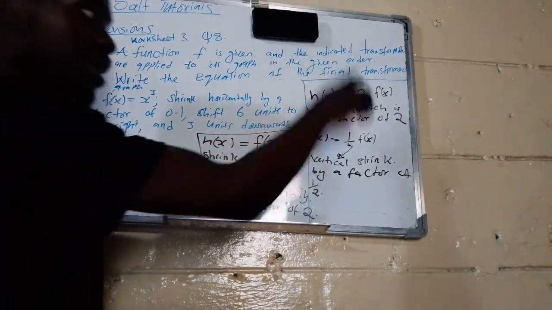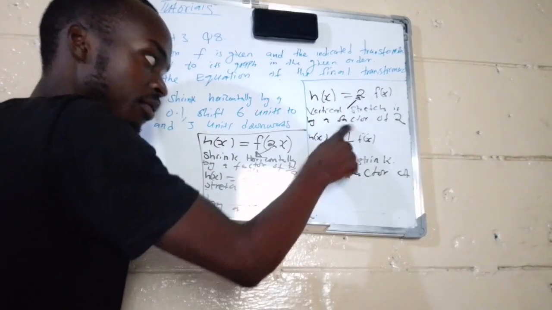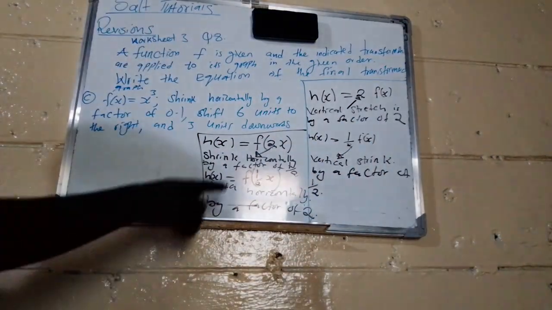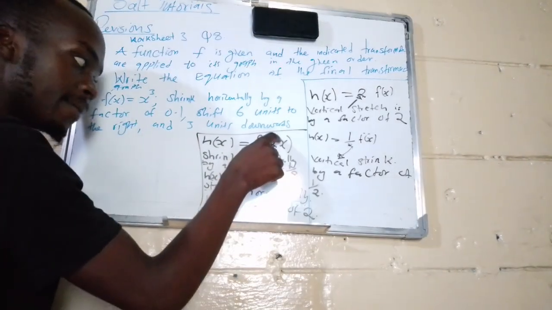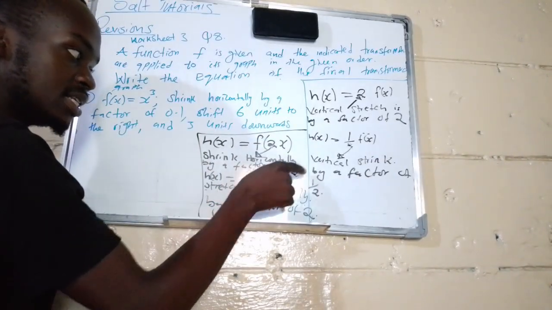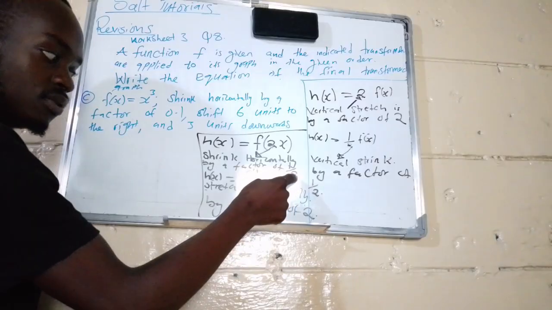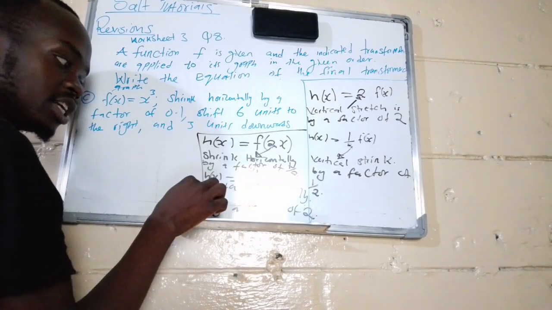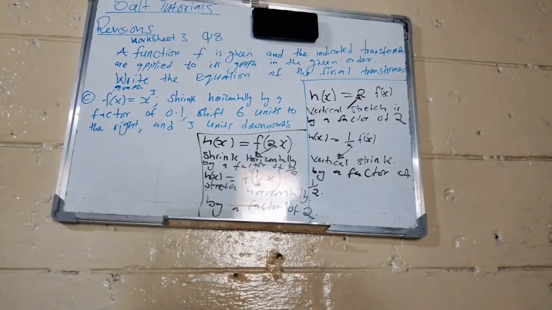Whole number is stretch and the same factor. Fraction is shrink and that same factor. But in the horizontal, the whole number is a shrink, but by a factor of 1 over 2. In the fraction, it's a stretch by a factor of 2.